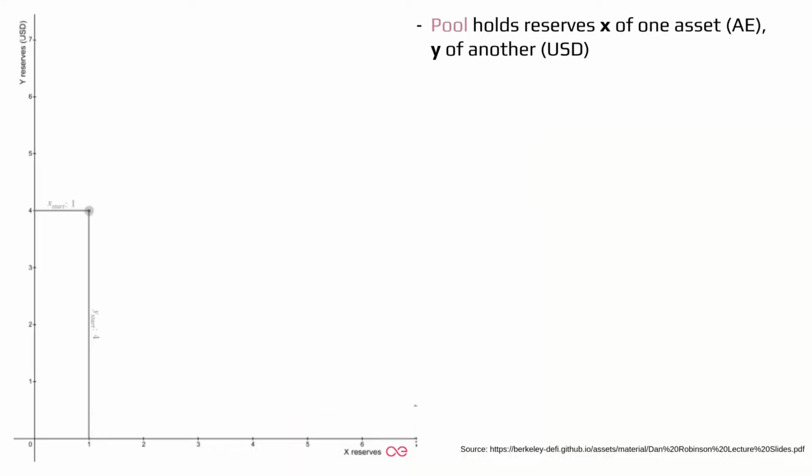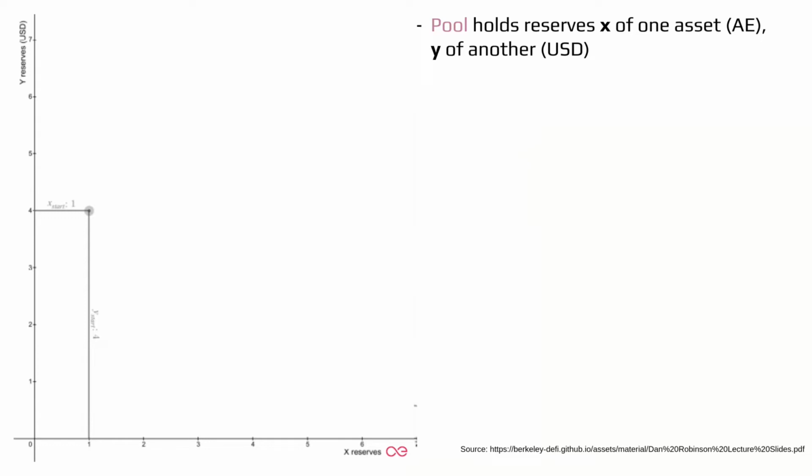And to illustrate this a bit visually, I've stolen these beautiful math slides from Dan Robinson from the Berkeley University. And here what you can see in this graph, the y-axis is the dollar reserve, the US dollar here in this case, probably some sort of a stable coin or wrapped US dollars or something like this. And on the x-axis, you can see the reserves of our other asset, which in this case is Æternity.